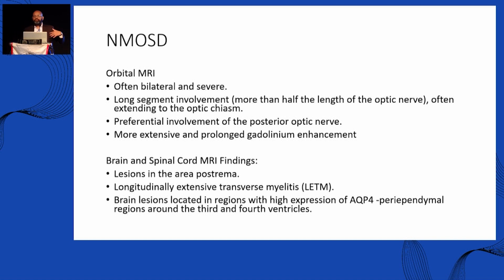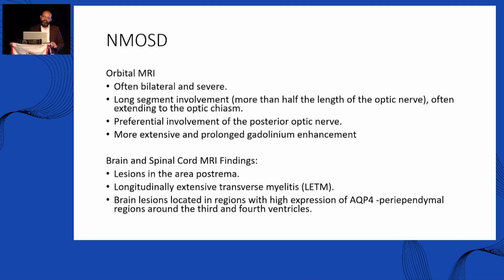And also you need the rest of the MRI to support your diagnosis. There might be lesions in the area postrema, which is part of the brainstem, and also a longitudinally extensive myelitis might be there. So you might have three or more vertebral segments being involved. Why the area postrema and the periaqueductal region? That is because that's the region where there are more aquaporin-4 receptors.